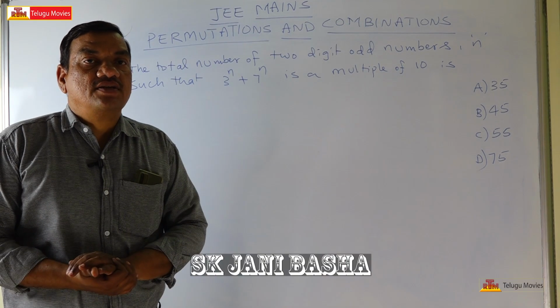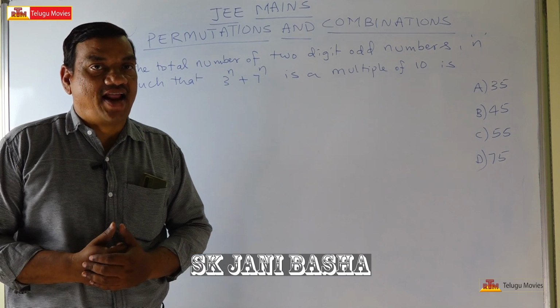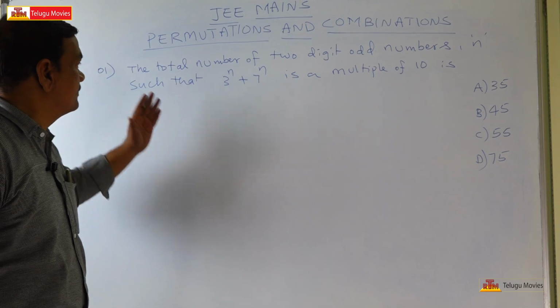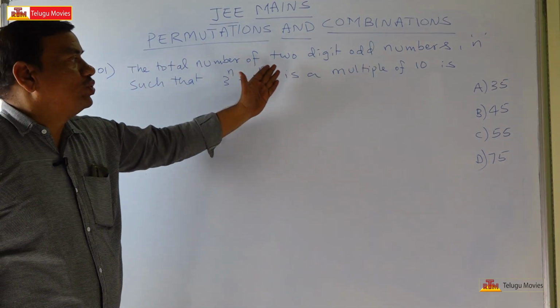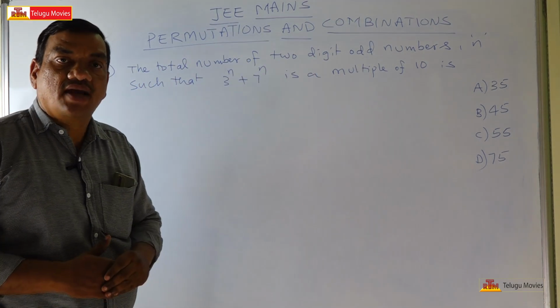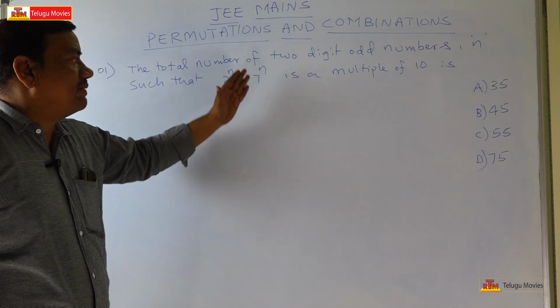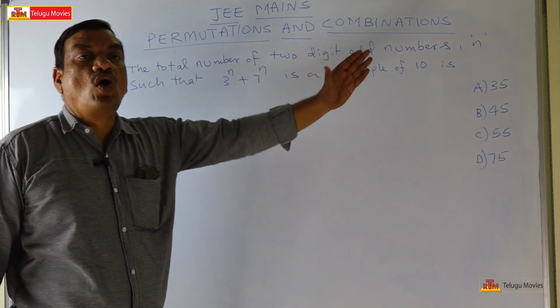So dear students, welcome to today's class. The first problem is: find the total number of two-digit odd numbers n such that 3 power n plus 7 power n is a multiple of 10.